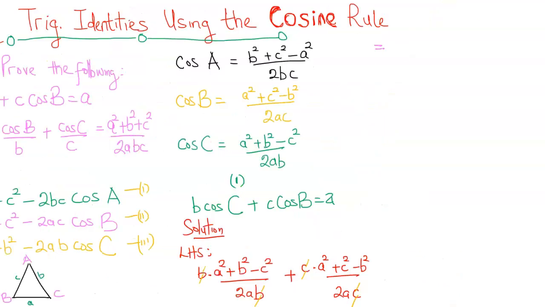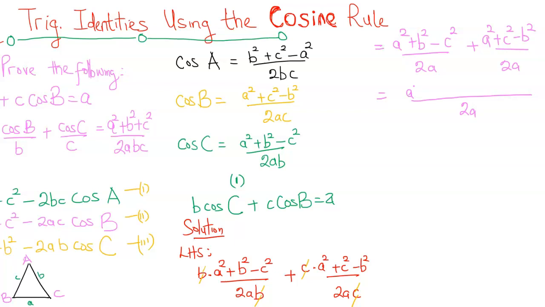So we can see that the left hand side fetches us a squared plus b squared minus c squared over 2a plus a squared plus c squared minus b squared over 2a. These are fractions with the same denominators, so I'm just going to add the numerators.